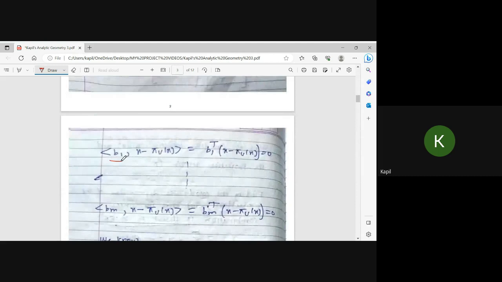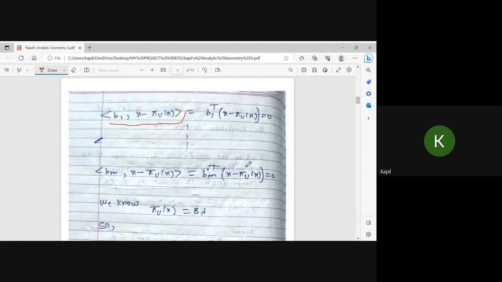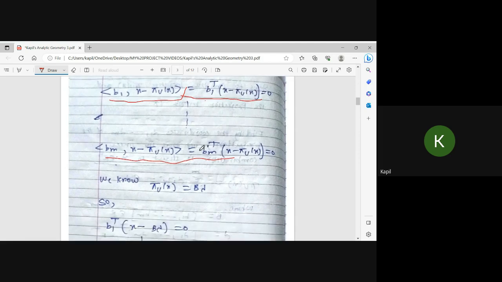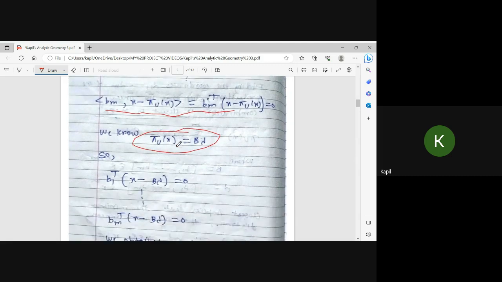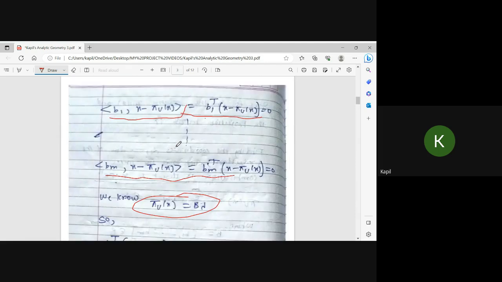So the inner product of b1 and x minus pi_U(x) should be 0, up to the inner product of bm and x minus pi_U(x) should be 0. This is the Euclidean inner product, which can be written as b1 transpose times x minus pi_U(x) equal to 0, up to bm transpose times x minus pi_U(x) equal to 0. And we also know from the previous result that pi_U(x) is equal to B lambda, so we can put B lambda here.